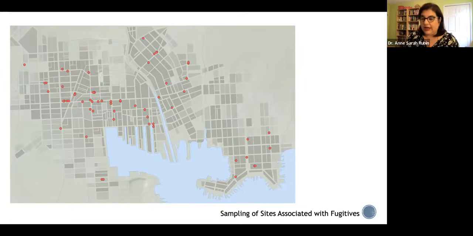And we're also looking at stories of fugitives, of people who escaped slavery, either escaped slavery in Baltimore and ran someplace else, or also often ran to Baltimore with its large free Black population from the surrounding areas, Anne Arundel County and places like that.